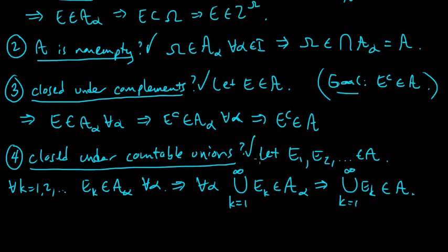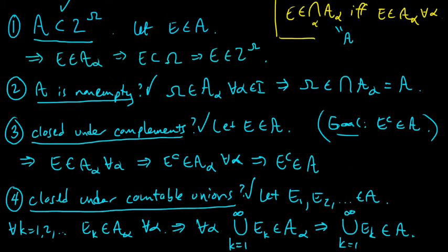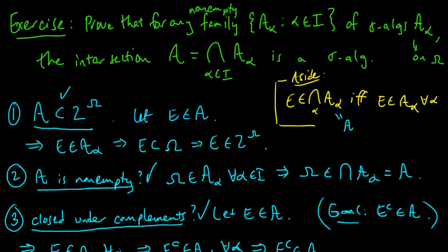All right, check. So that shows that for any non-empty family of sigma algebras over the same set omega, the intersection of all of them is a sigma algebra. Sorry if this threw you for a loop.